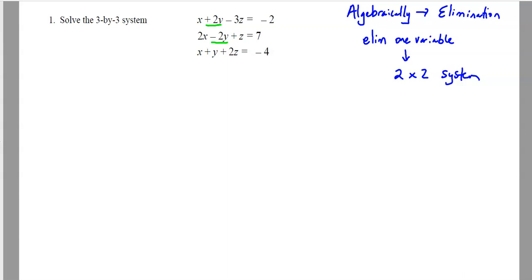So what I'm going to do is kind of ignore the bottom one right now. Don't do this on your own paper, but I'm going to do it just so we have less to look at. I'm going to ignore this, and I'm going to combine those first two equations. And I'm going to get 3x minus 2z equals 5.